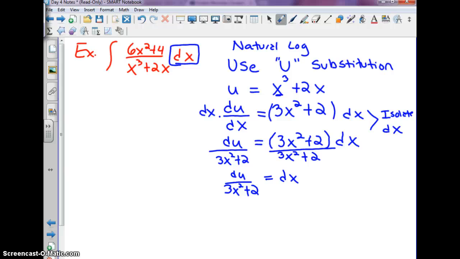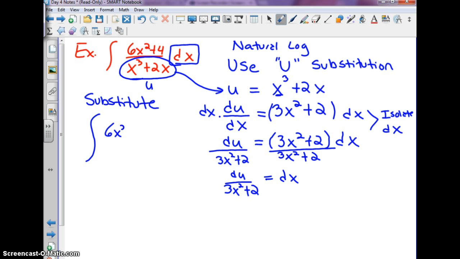I can also substitute x cubed plus 2x, my denominator. That was u. So I'm going to say this is u. And I'm going to substitute in 6x squared plus 4 divided by u.